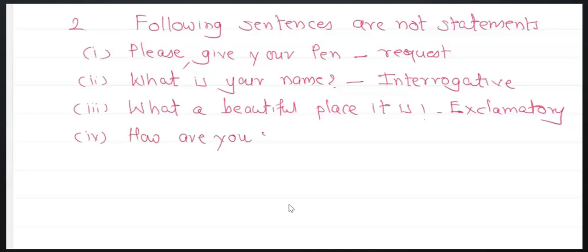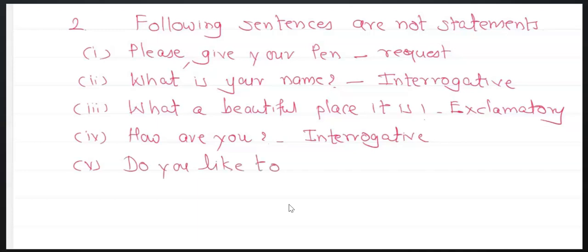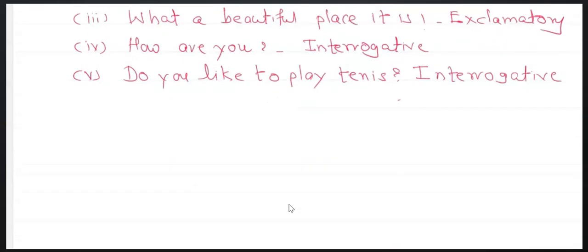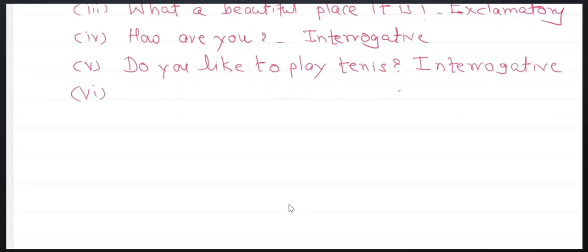How are you? Again, it is interrogative. Do you like to play tennis? That is interrogative. 6. Open the window.